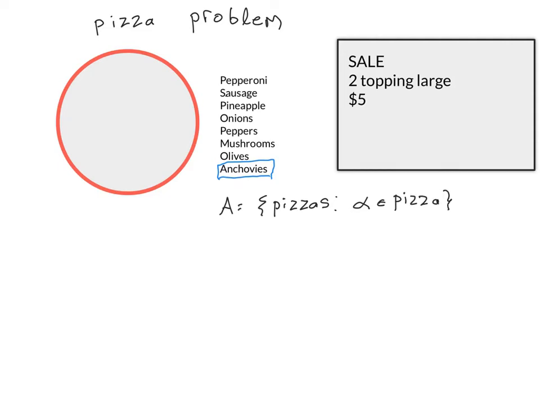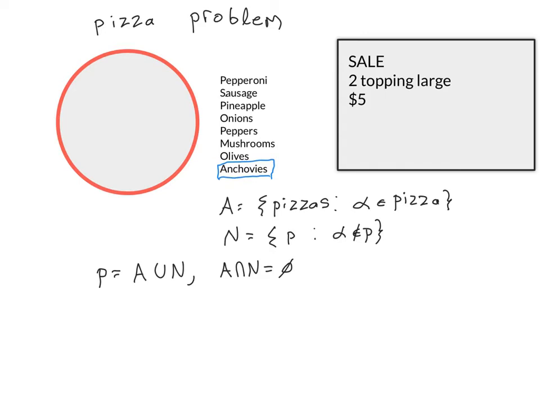And of course, we can let N for normal be the set of pizzas where the anchovies are not on the pizza. Then we see that the total number of options for solving this problem is the union of these 2 sets, because either you have an anchovy or you don't. And furthermore, these 2 sets are entirely disjoint.